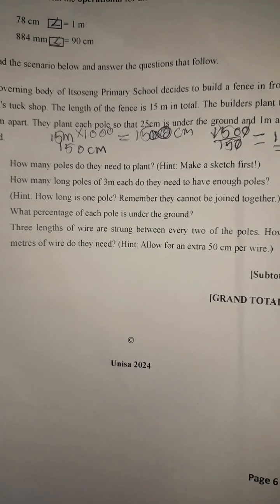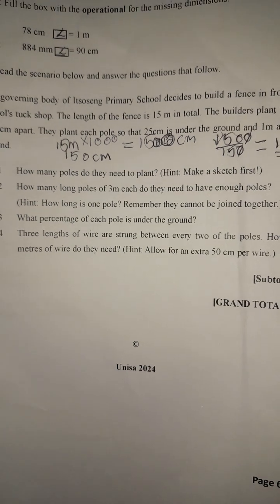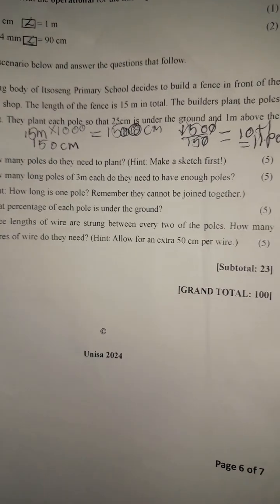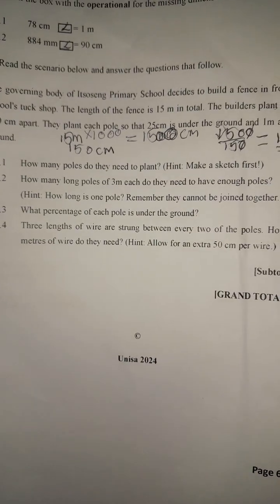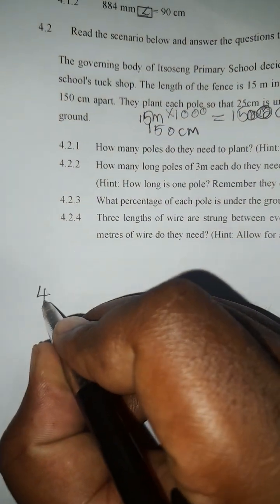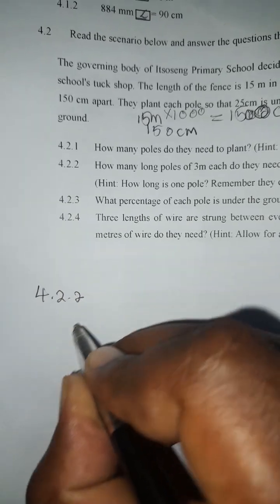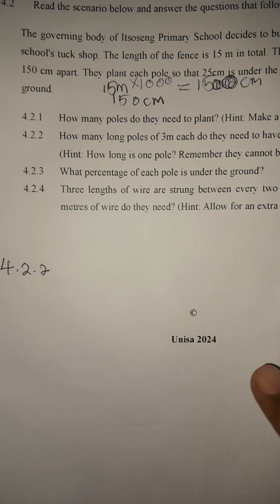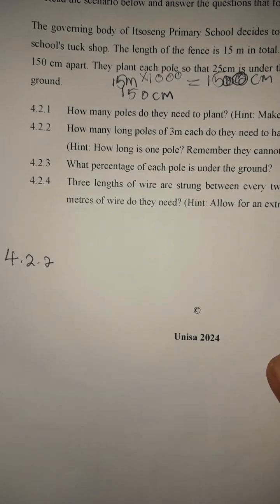Well, in this case, guys, we need to know that one pole needs to be 1 meter, since they said 1 meter above the ground. So for me to work with 4.2.2, remember one pole needs to be 1 meter above the ground.